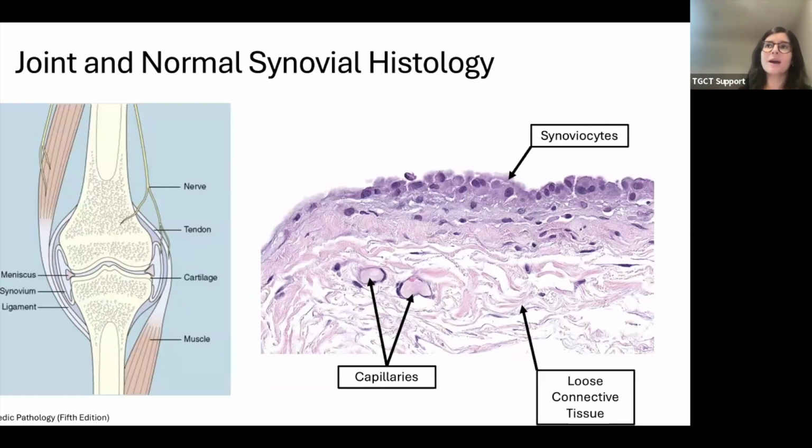So the capillaries are very, very important, and also very important to the disease process. And then in the background, we have this loose connective tissue. And if we go deeper in the joint space, we'll see a little bit of fibroadipose tissue or fat.